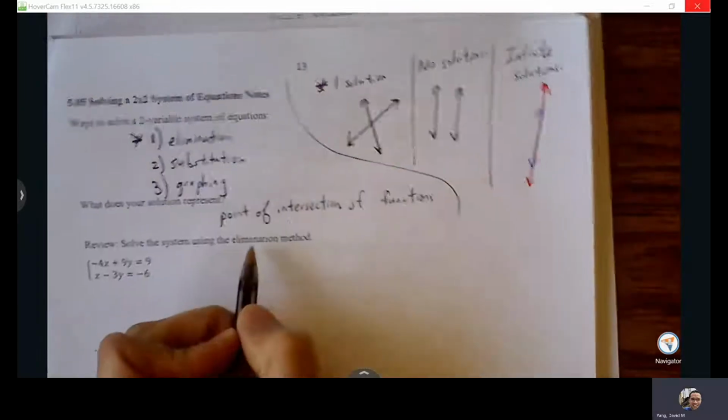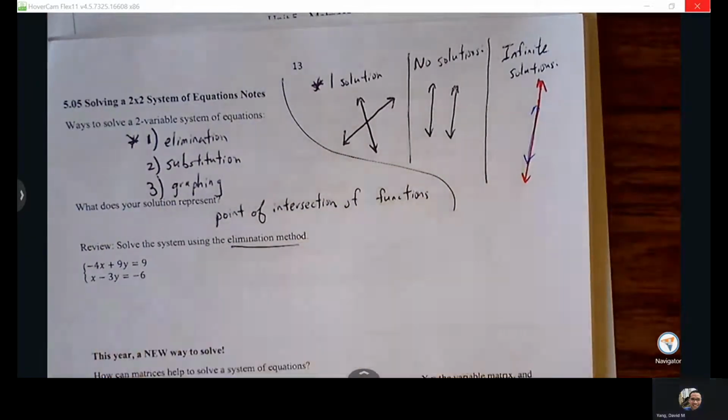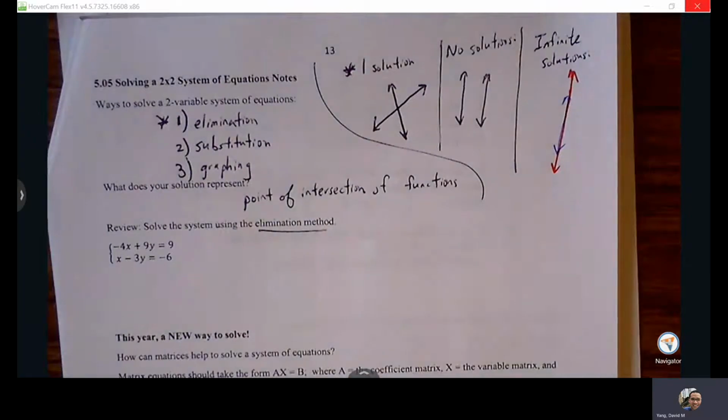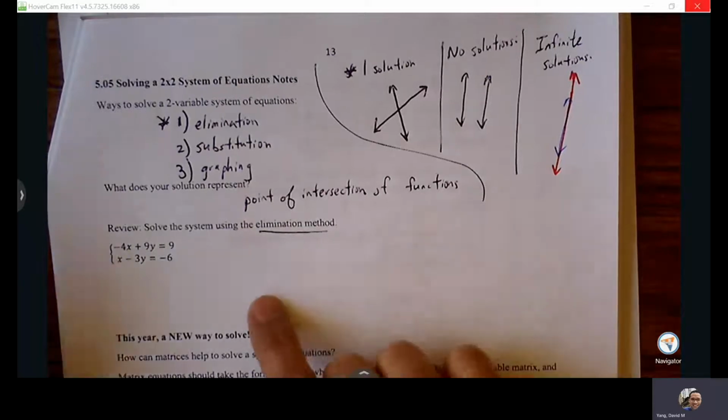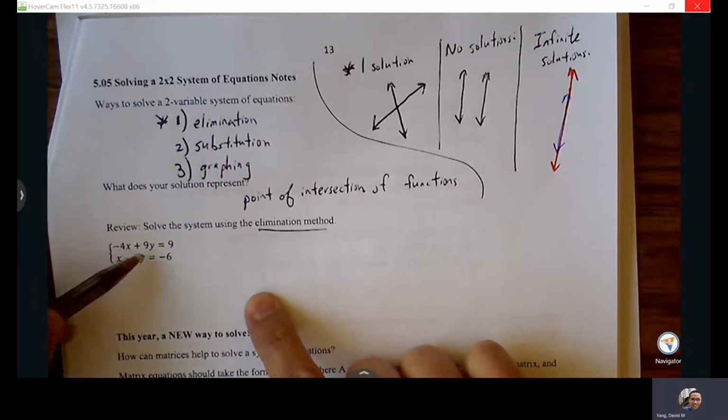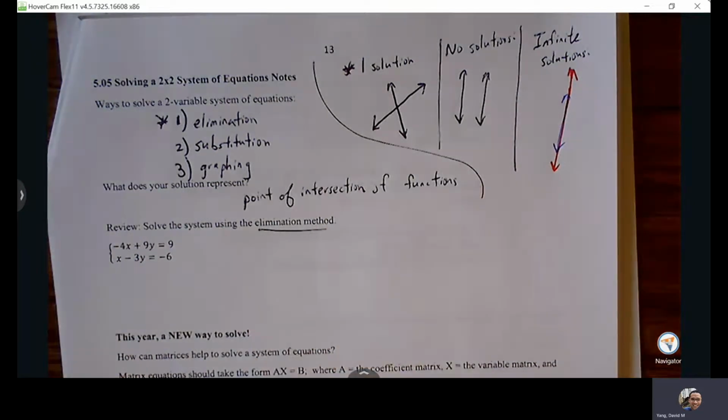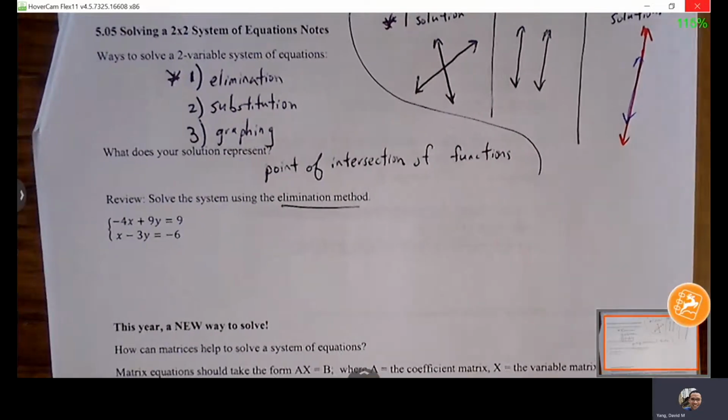Okay, so we're going to start off with the elimination method. First thing we do is make sure that our x's, y's, and constants are all lined up. And they are: negative 4x plus 9y equals 6, and x minus 3y equals negative 6.